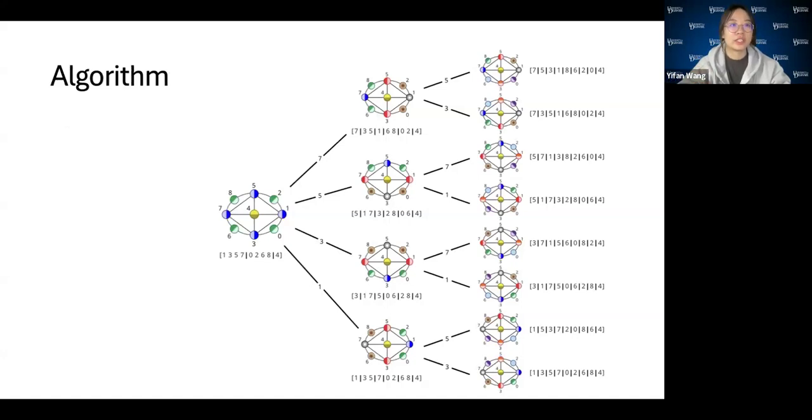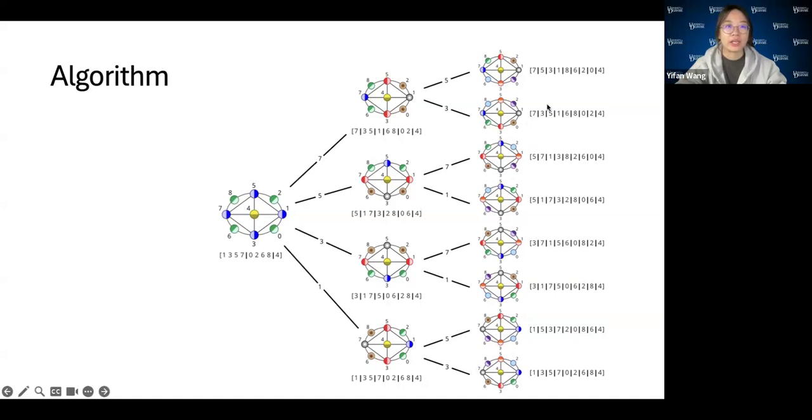Here is an example of the process for constructing the search tree. They start from the initial graph, and then find the target cell. After individualization, in the next layer, the nodes indicate an equitable partition after refining. And we move further down the tree.